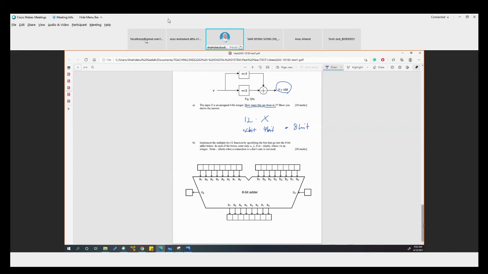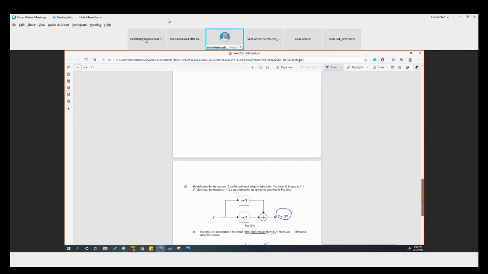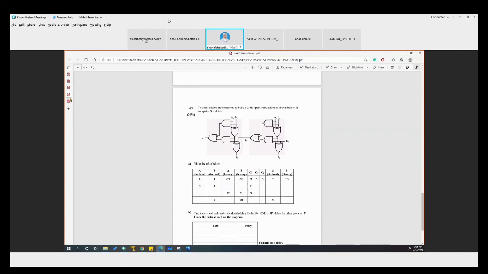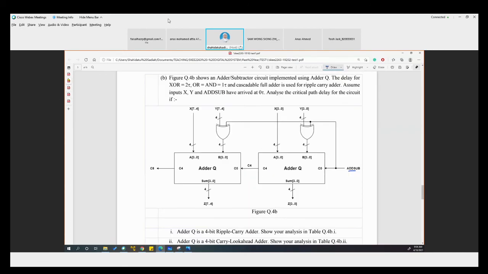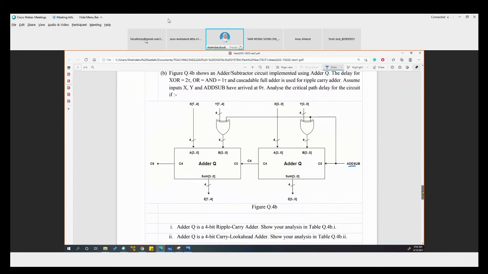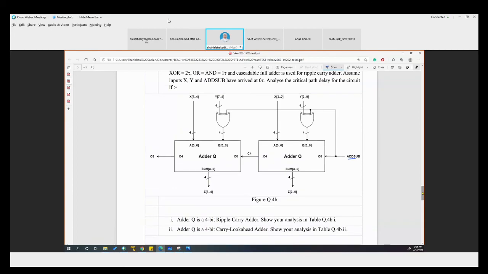For the chapter 5 exercise, you can try to do all the multiplications, additions and maybe subtractions in the three past year questions that I shared with you, especially this one. I have done this one, but I'm not sure if I got the correct answer. I need to check with another lecturer.